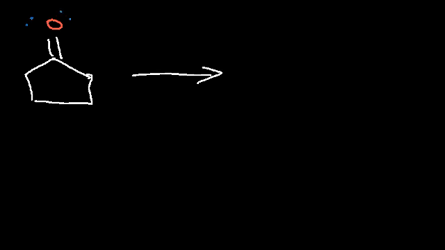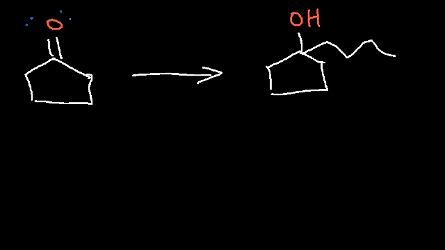So, starting with cyclopentanone, how can you make this product? What reagents do you need? Now, you can use a Grignard reagent or an organolithium reagent, but let's use a Grignard reagent.